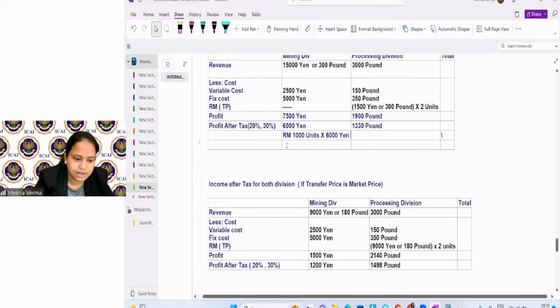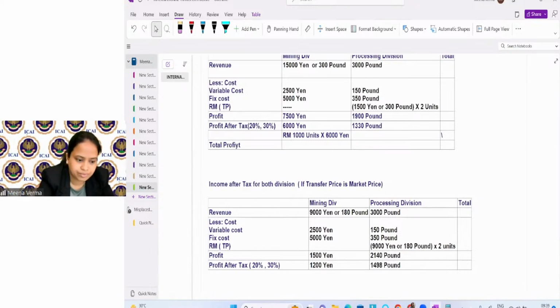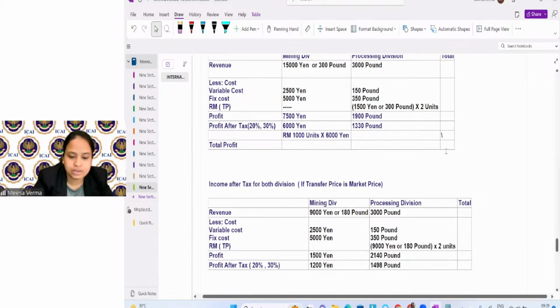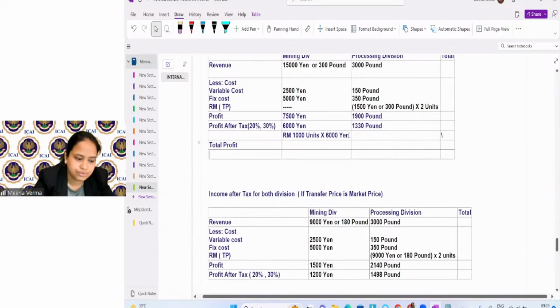Multiplied to get the total profit. And divide it with 50. 6,000,000.